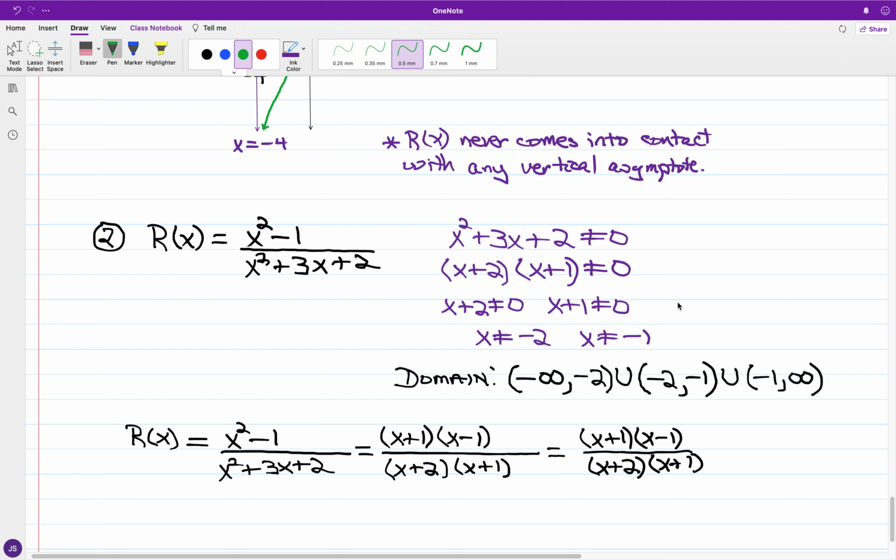So x plus 1, that's going to cancel out. And for the completely reduced form of this rational function, this will come down to x minus 1 all over x plus 2.